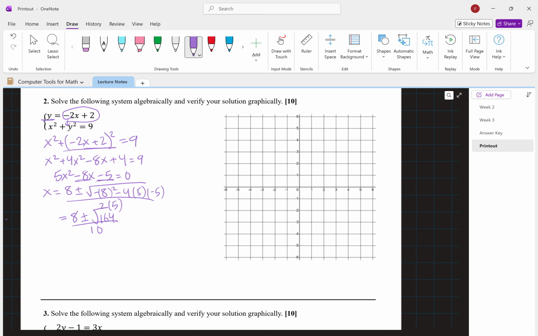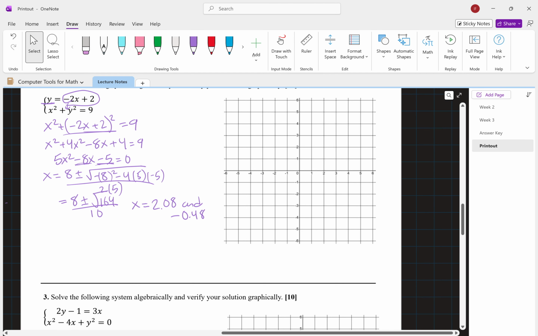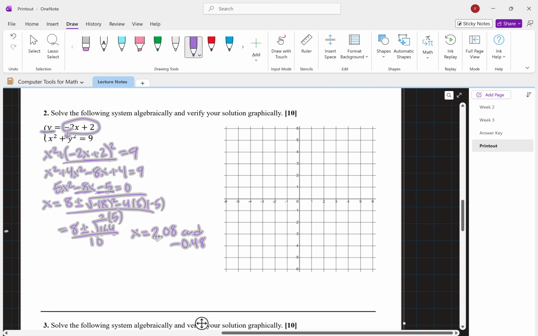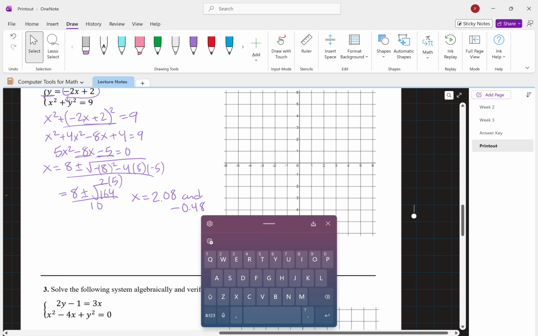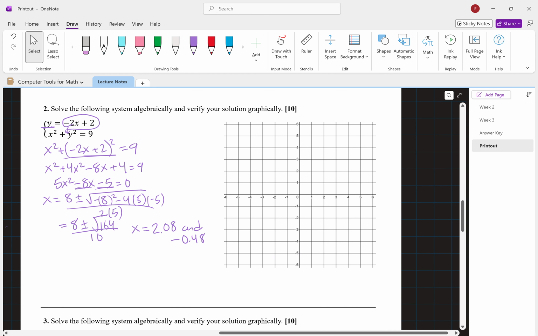And then we just have to plug into our calculator from here to find our x values, which is going to be x is equal to 2.08 and negative 0.48. So then we take our x values of 2.08 and negative 0.48, and we're going to simply plug them back up into our equation here of y is equal to negative 2x plus 2.